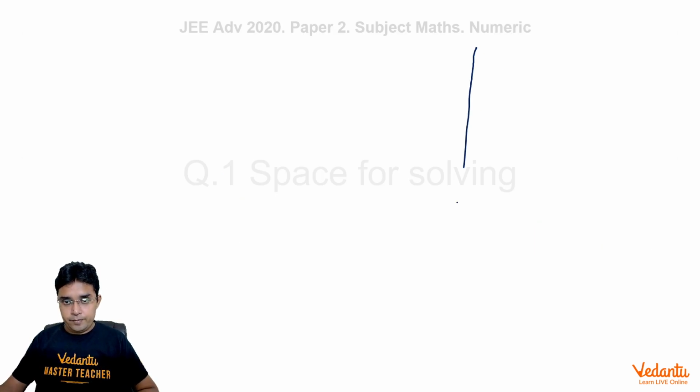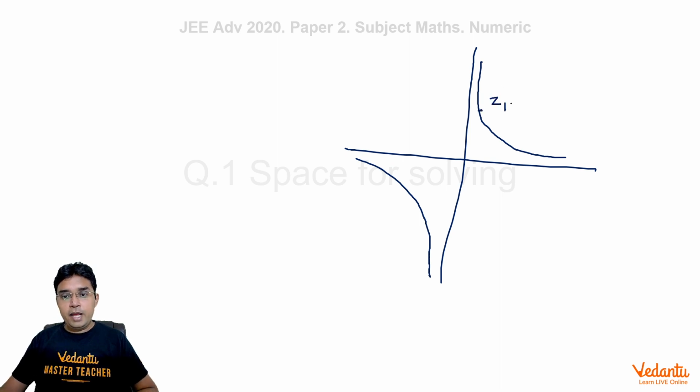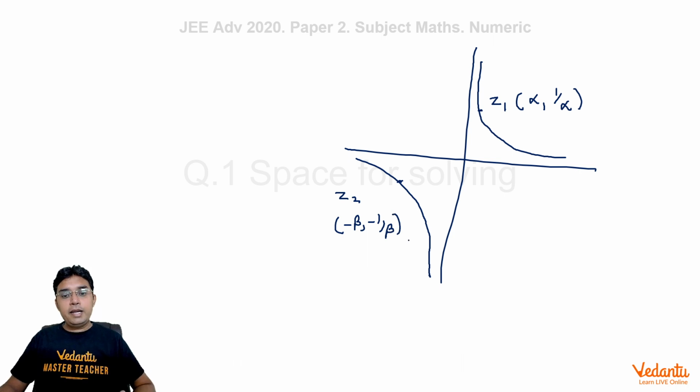Please see. Once we have found those solutions, we have seen one point z1 will be lying here, and let me call this (alpha, 1 upon alpha). And another point z2, let me call this (minus beta, minus 1 upon beta). I am deliberately taking minus beta, minus 1 upon beta so that beta is also positive and alpha is already positive.